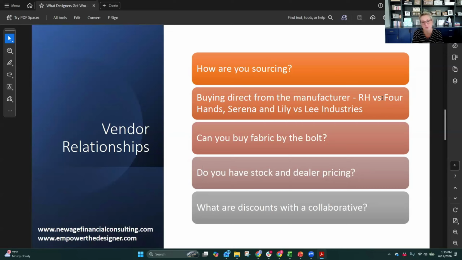We've seen a lot of firms over the years also do very well with buying fabric by the bolt, especially if they work with a custom upholsterer. The upholsterer can store it for you, but the price difference here is huge. I actually think the designers would know more about this than I would, but it opens you up to a completely different price point.